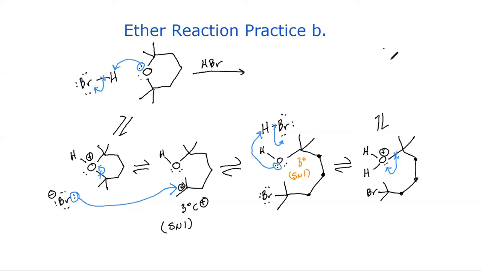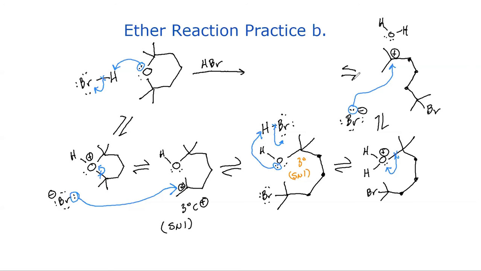And now we have another tertiary carbocation. We're just going to put our 1, 2, 3 carbons, then our tertiary carbon here off to the side to give us more room. The water leaves, so we've produced an equivalent of water, and the bromide that was produced when we protonated that oxygen now can come in as a nucleophile and attach.